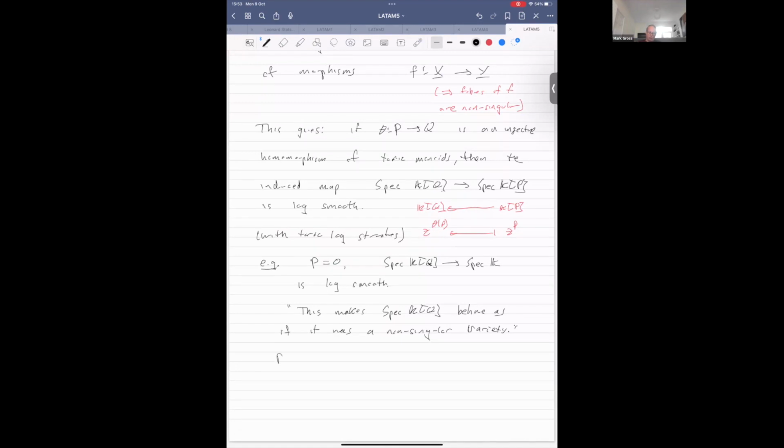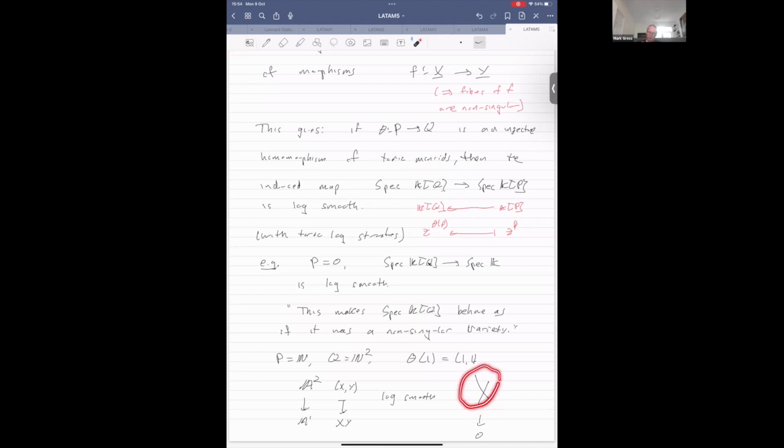Another example is I take P equals N, let's take Q equals N squared, and theta is just defined by theta of 1 equals (1, 1). This induces the map A2 to A1, given by (x, y) goes to x times y. And this is also log smooth. Notice this has a singular fiber. Over the origin, you have the union of coordinate axes.